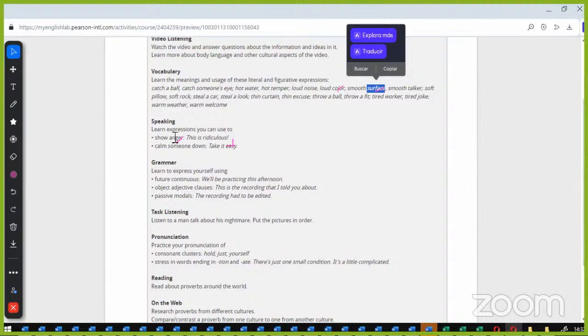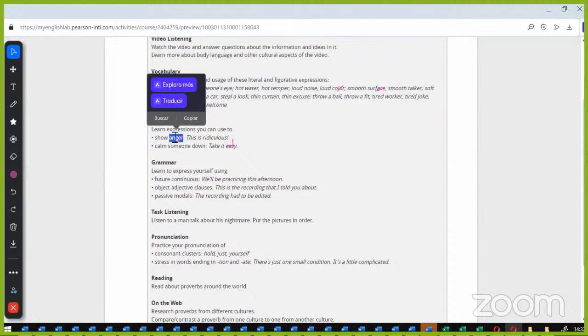This is anger. Anger. Yes. What did I say? You said anger, I guess. Okay, show anger. Anger, yes. Great. Color and surface. So, any question regarding meaning?